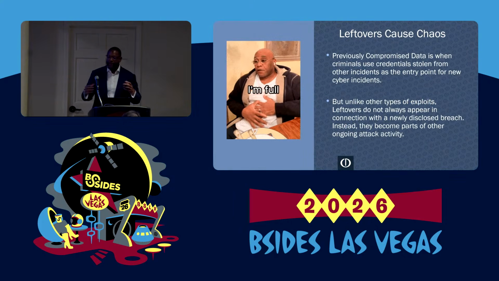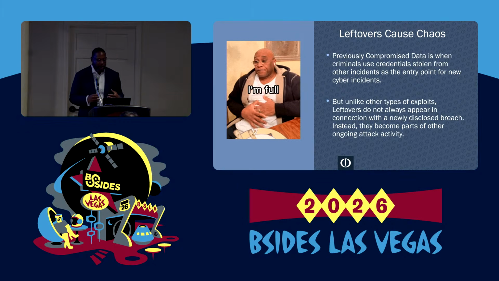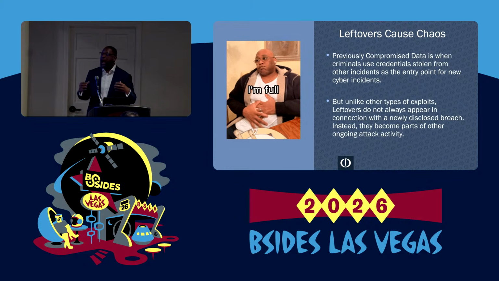So let's talk about reheated leftovers. Leftovers are causing us chaos, right? There's previously compromised data that's used. There are stolen credentials online that are used and repackaged by cybersecurity criminals for new entry points into your system. But unlike other types of exploits that are focused on newly disclosed breaches, instead they're part of ongoing attacks, right?